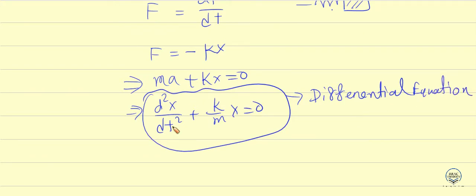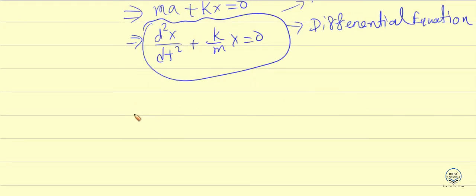The reason is it's involving derivatives of x, because here x is a function of time, right? Since they involve the derivatives of x, this is called a differential equation. And this is the very basic definition of a differential equation. In fact, this is called a second order differential equation.